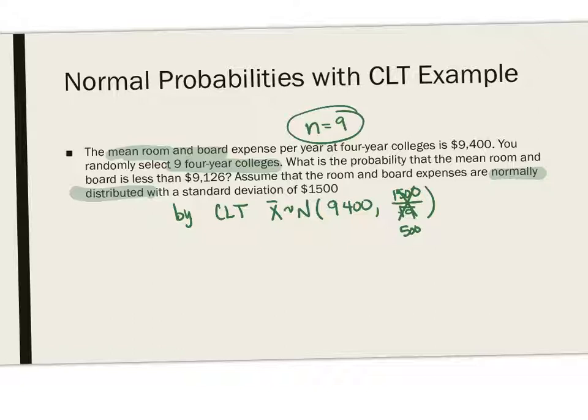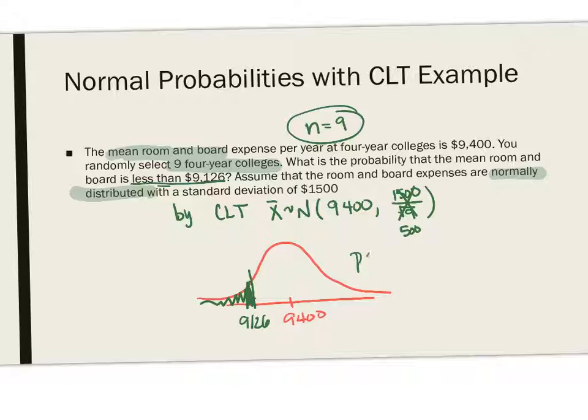So from this, what we do again is we draw a curve. The mean of the curve is going to sit at 9,400. We're interested in the value 9,126, and we want to see if it's less than that value. So again, shade to the left.